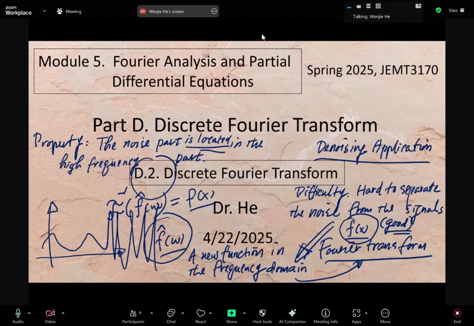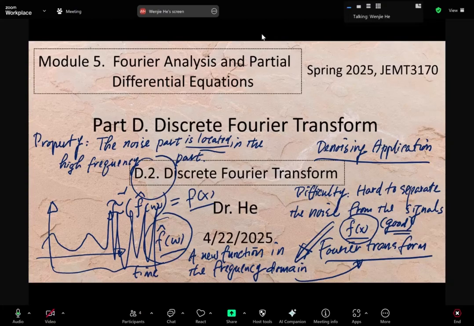Because high frequency and low frequency can be separated relatively easily in the frequency domain. The curve I showed you, with low frequency and high frequency, has this shape in the time domain.